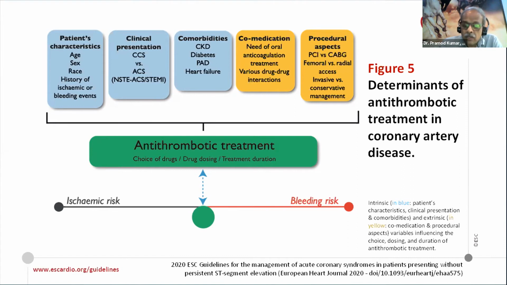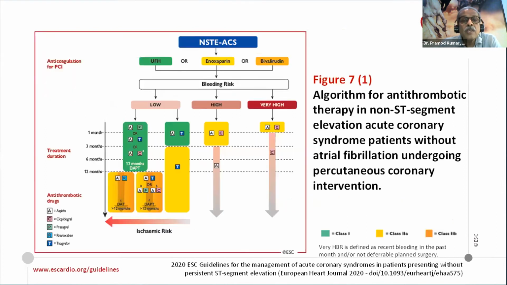That is one of the most important things you need to do, because you have much worse patients these days, older patients with a lot of comorbidities. Normally we are treating a lot of patients who are in their 80s or 90s, with a lot of comorbidities. So you have to think of both bleeding and ischemic risk.